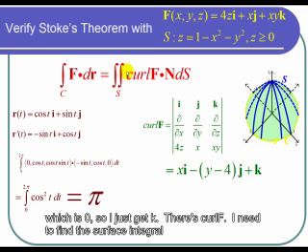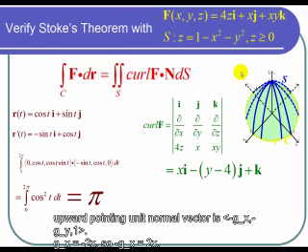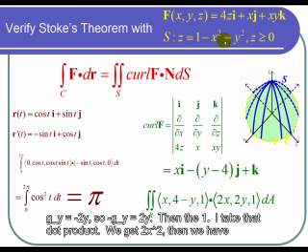So there's the curl of F. I need to find the surface integral of the curl of F dot n dS. And since S is defined by a function z equals 1 minus x squared minus y squared, n, which is the upward pointing normal vector, is negative g sub x, comma negative g sub y, comma 1. g sub x is negative 2x, so negative g sub x is equal to positive 2x. g sub y is negative 2y, so negative g sub y is positive 2y.